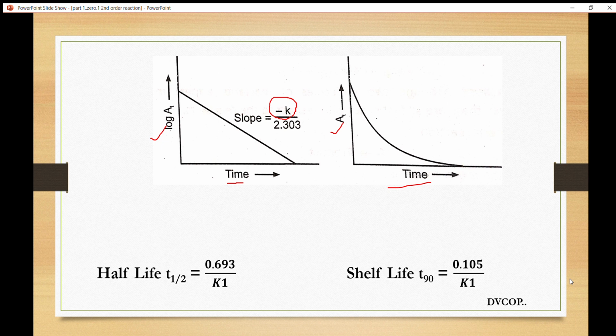For the first order reaction, the half-life is given by the equation 0.693 divided by K1, and shelf life, that is t90, is given by the equation 0.105 divided by K1.